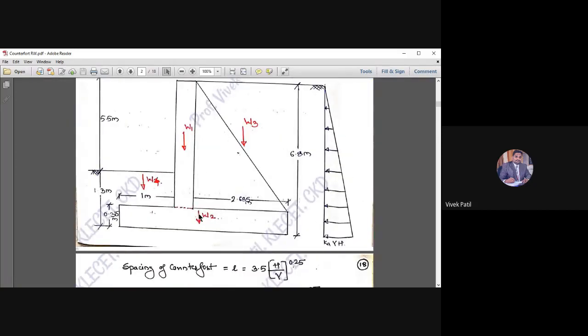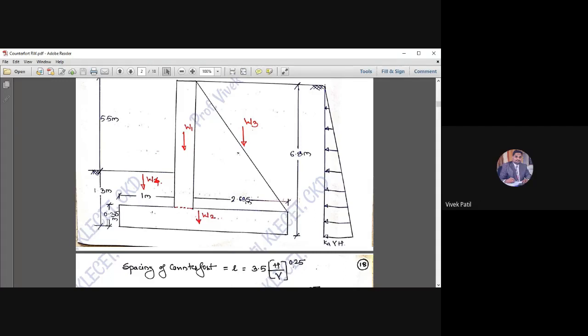So W2, this force, is the dead load of this particular base slab. So we have to calculate the dead load of the base slab. The thickness we know, it is 0.315, and what is this length? It is 4 meter.